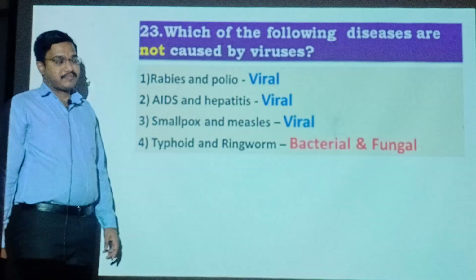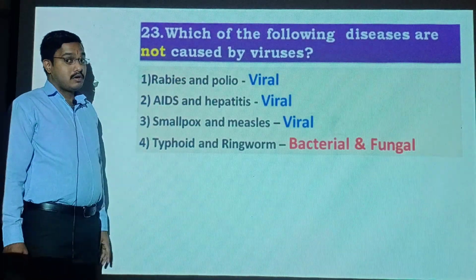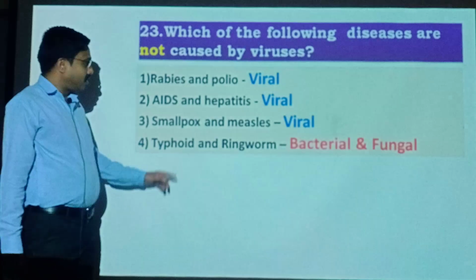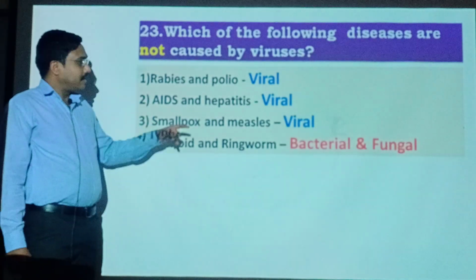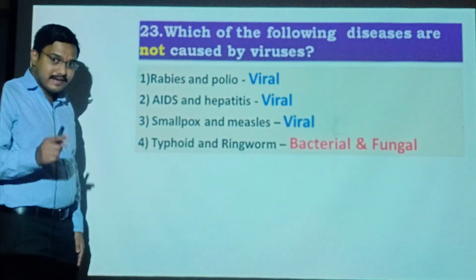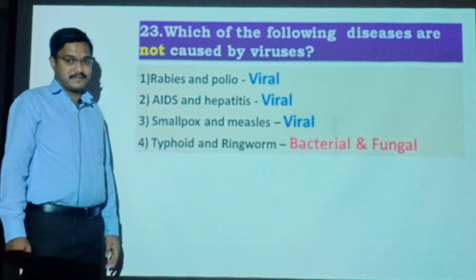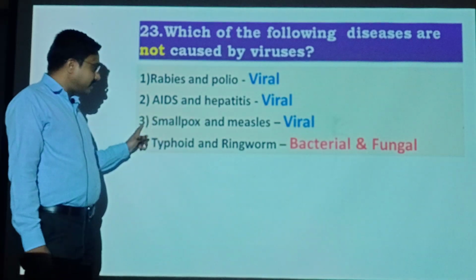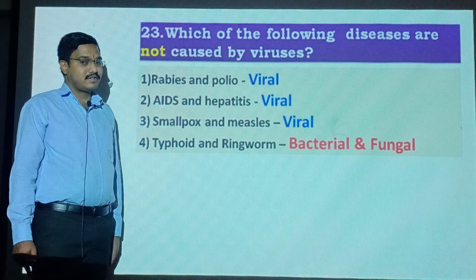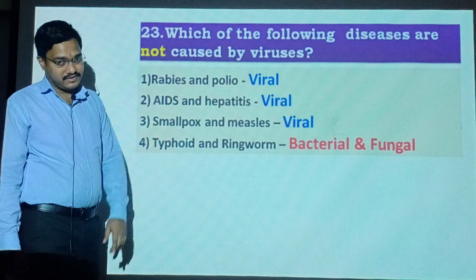Option 1, rabies and polio, both are viral diseases. Option 2, AIDS and hepatitis, both are viral diseases. Option 3, smallpox and measles, also both are viral diseases.